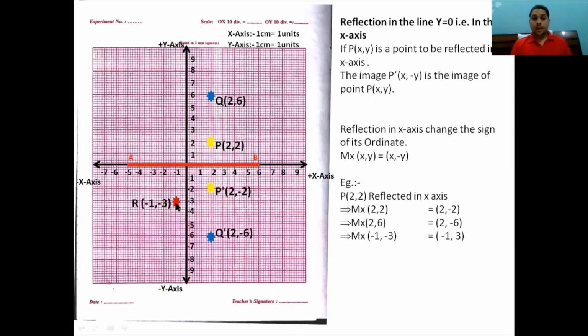If we have a point on this side and it is reflected here, then the image will be on this side. So the image will be here. So what you can observe here, we just have changed the sign of your ordinate. 3 was there, and we just changed the sign of the coordinate here.